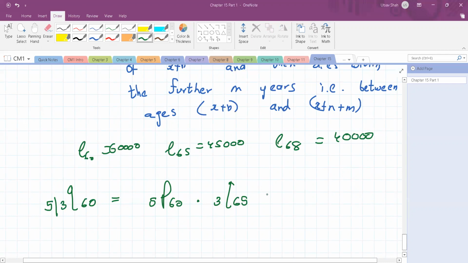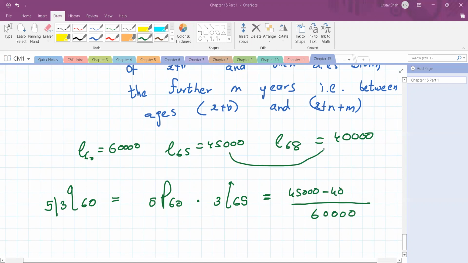This is one formula. Secondly, what you can do is, of the total people alive at age x, so the probability, the denominator will be the total people alive. How many people survived? 45,000 survived till this age, minus 40,000 survived till this age. So we want to know how many people died between these two ages. We will simply do the subtraction, find the deaths between these two ages and divide by all the people alive at the start.